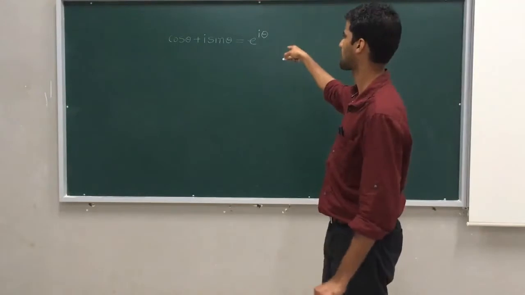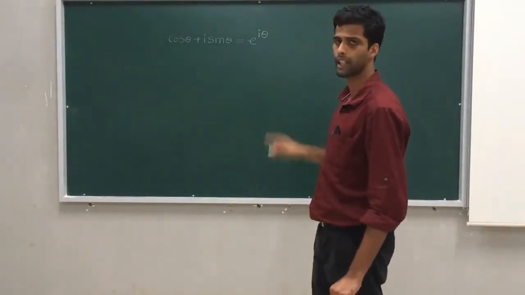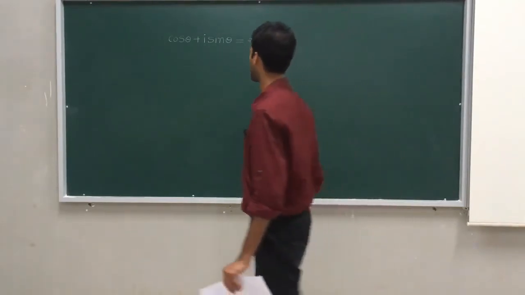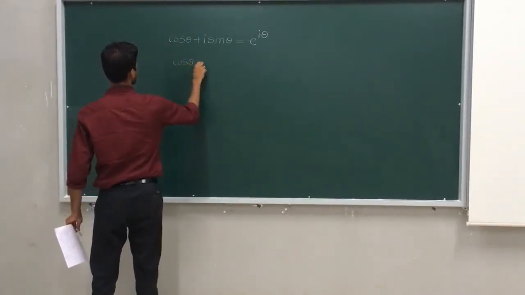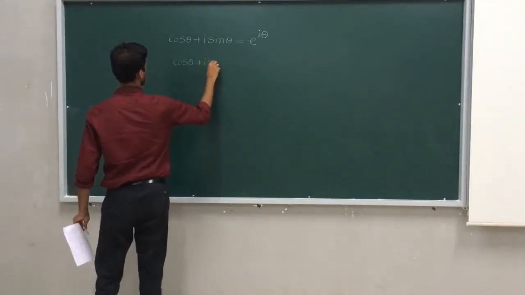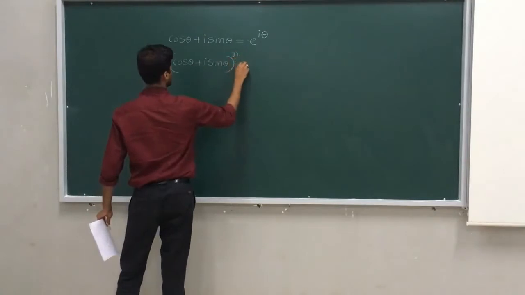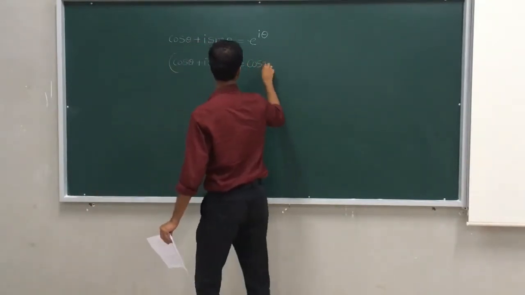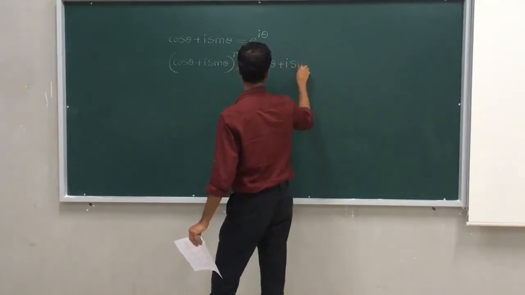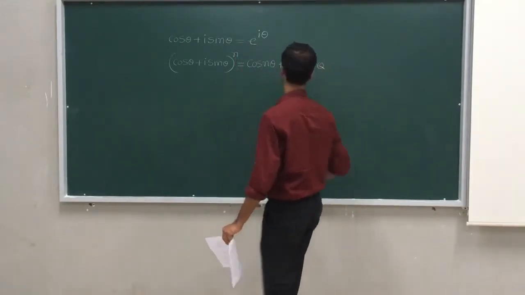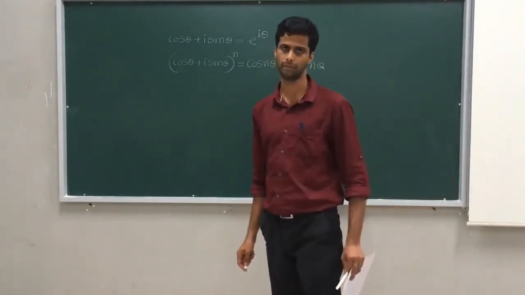Now what is De Moivre's theorem? It says that (cos theta plus i sin theta) whole power n can be written as cos n theta plus i sin n theta. That is called De Moivre's theorem for any integer n.